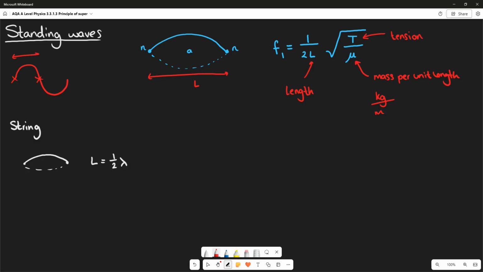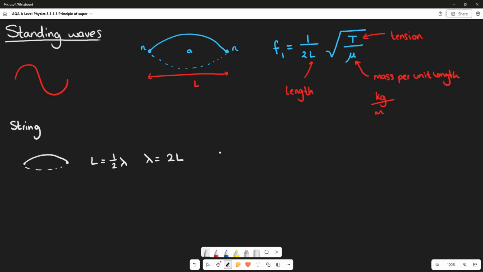So that is half a wavelength. So the length here is equal to half a wavelength, and we can also write that as the wavelength is equal to 2L. So you would need 2 lengths of string in order to achieve one full wavelength.